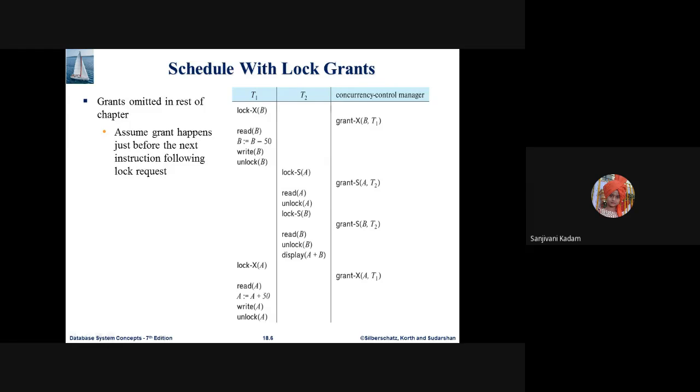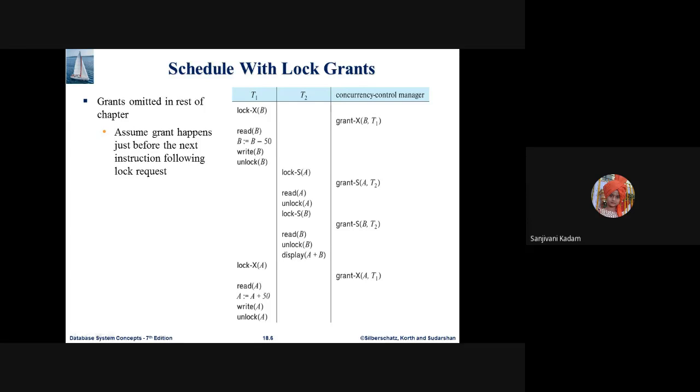Next, after unlocking B, the T2 transaction may request a lock on data item A. Here there is a shared lock on the data item, so T2 is requesting lock S on data item A. The concurrency control manager will check whether there is any other lock held on A, and whether the current request can be granted.